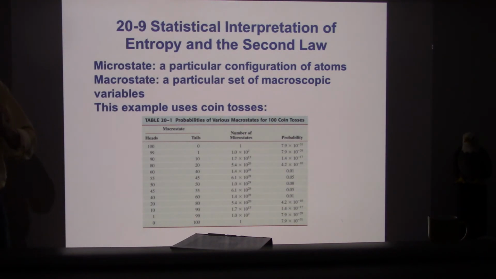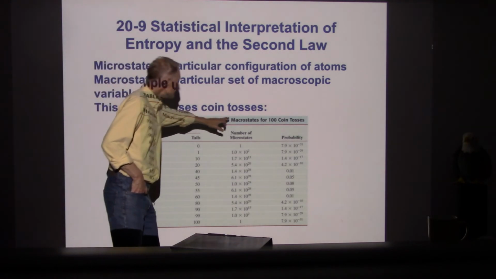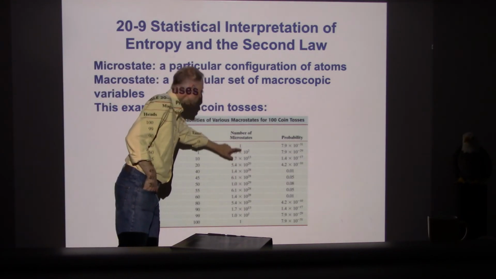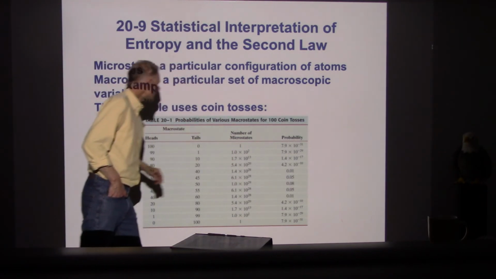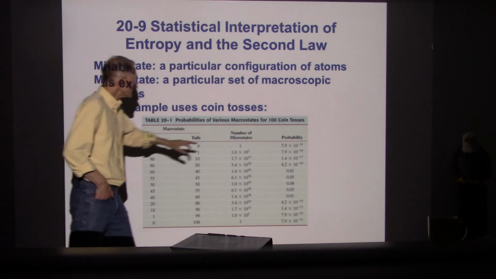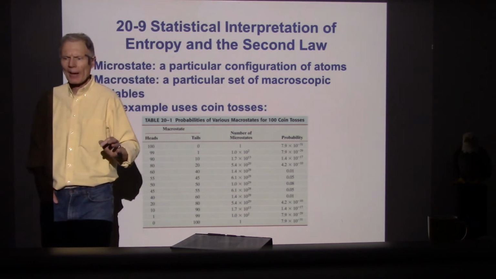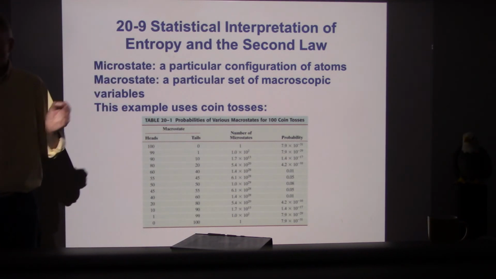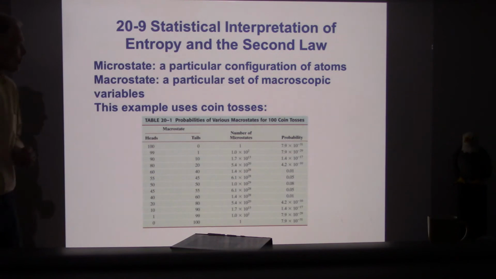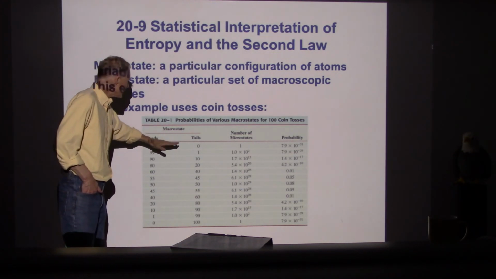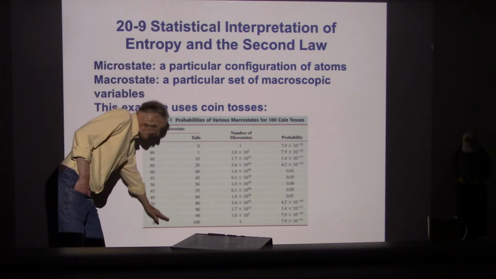So what Boltzmann said is you could take this number of configurations, you could take the logarithm, and that would indicate the entropy. Now the logarithm of 1, if there's only one way that configuration could happen, the logarithm of 1 is 0. So this is considered to be 0 entropy, as is this.